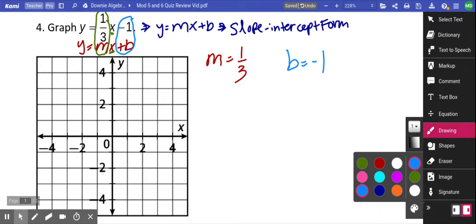So when we graph using our slope-intercept form, I start with the y-intercept, which is my b value.